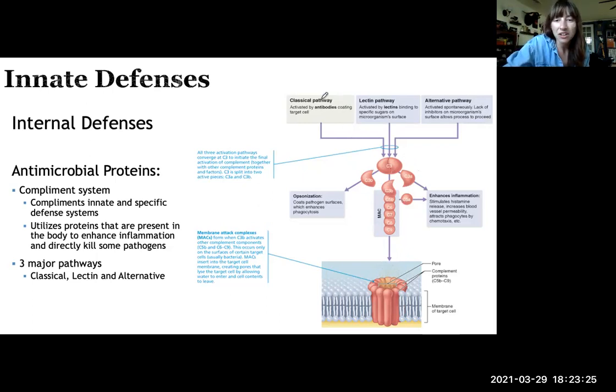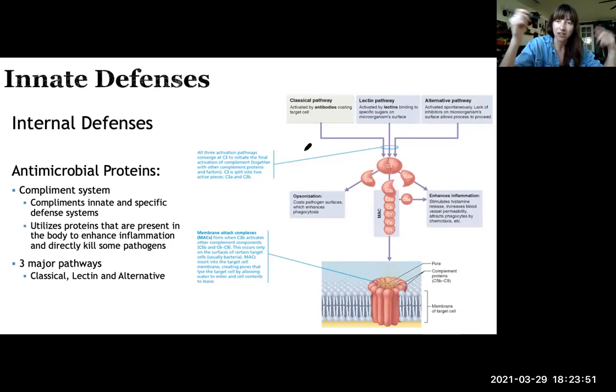Once they are called in, there are 3 ways that this can happen. The classical pathway is that they are activated by antibodies coating the target cell. They may not actually come into contact with the immune cell, but antibodies are basically like tags on the bacteria saying, kill this one.